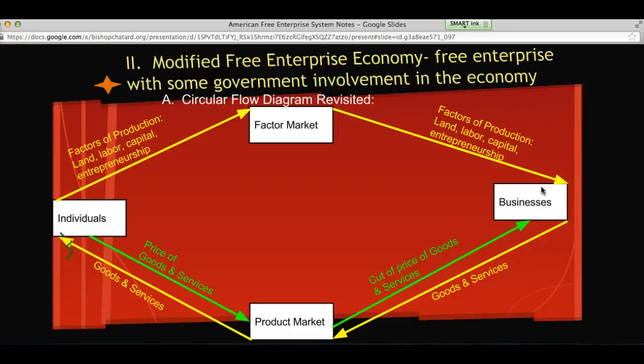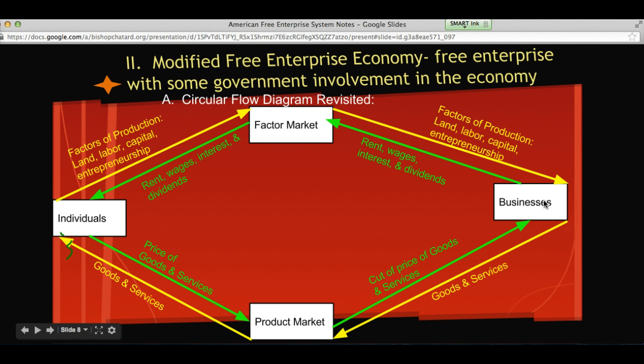Rent for our land, wages for our labor, interest and dividends for our capital and entrepreneurial ideas. Okay? So we have to have those go towards the factor market. And the factor market's not the one that actually had those, so we also have to bring that back to our individuals.